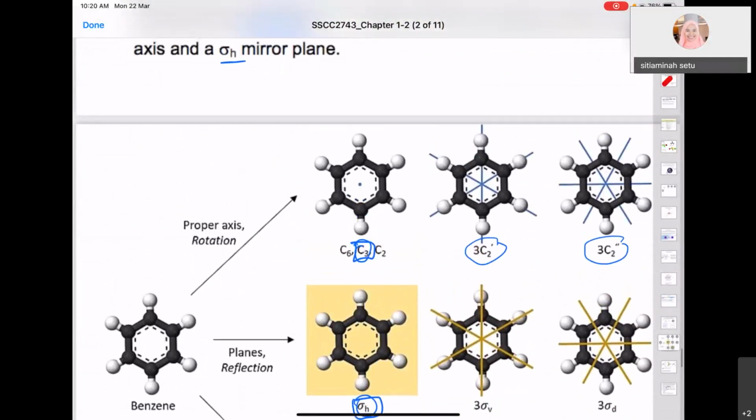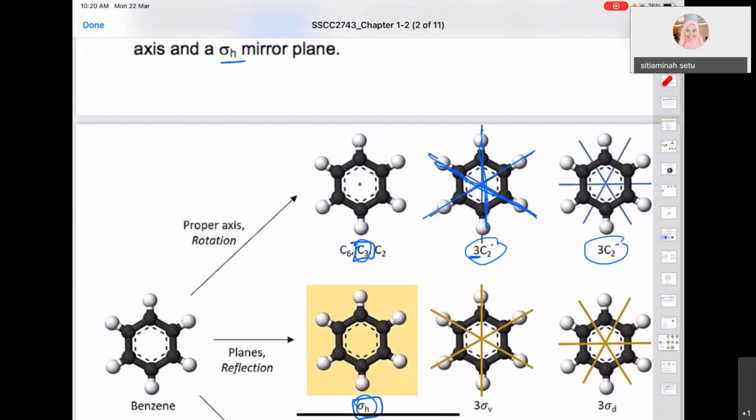Okay, tapi C2 prime ni kita boleh buat dekat sini, betul? Kita boleh buat yang dekat sini, betul tak? Dengan yang dekat sini, tengah-tengah ni. So that's why kat sini dia ada 3. So kita boleh buat 3, tapi dia masih lagi C2 prime, sebab dia punya operasi dia sama. Cuma kedudukan axis tu yang kita ubah.